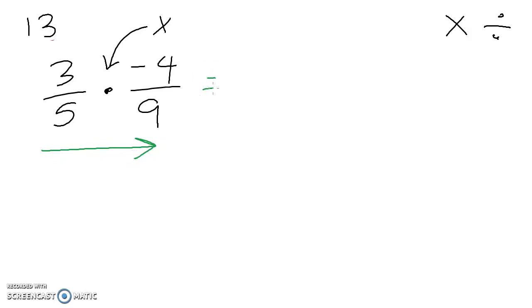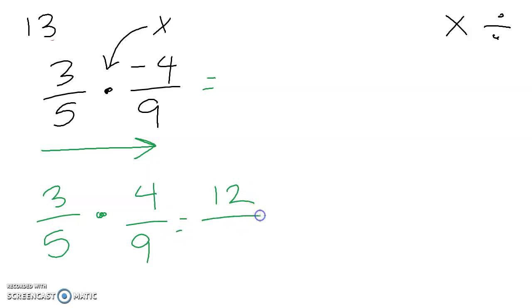So let's rewrite it without the sign so we can officially ignore it. The 3 times the 4 is going to give us 12 on top. 5 times 9 is going to be 45.